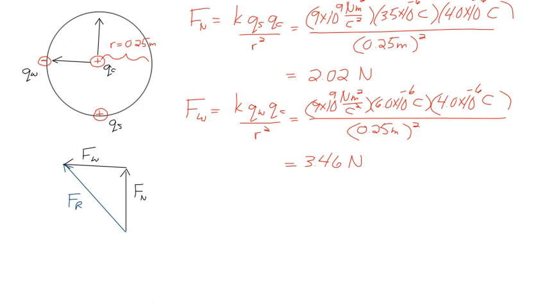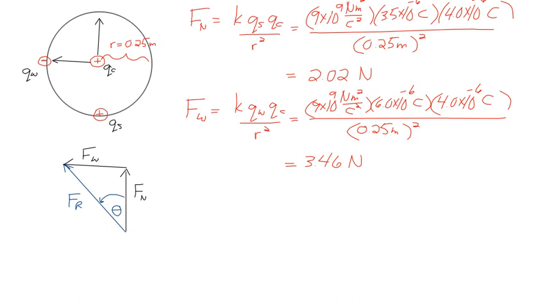Now, if they asked me for more than the magnitude, then the angle, I would get this angle right there, and the angle would be so many degrees west of north. Now, if I had used the angle down here, if I had first drawn this arrow and then drawn the north one, then I would have had this angle, and then that would have been north of west. So you're either west of north or north of west for direction.